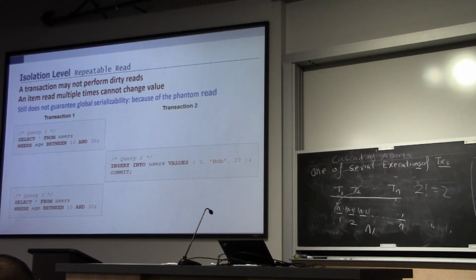But it's only been read once. The first time it was read is here, and the value didn't change. Item read multiple times cannot change value. Which item is being read multiple times? First of all, can you tell me that? What item has been read more than once? Someone who is already there in the database, age between 10 and 30. Excellent. Have those guys changed values? No, none of those have changed values.